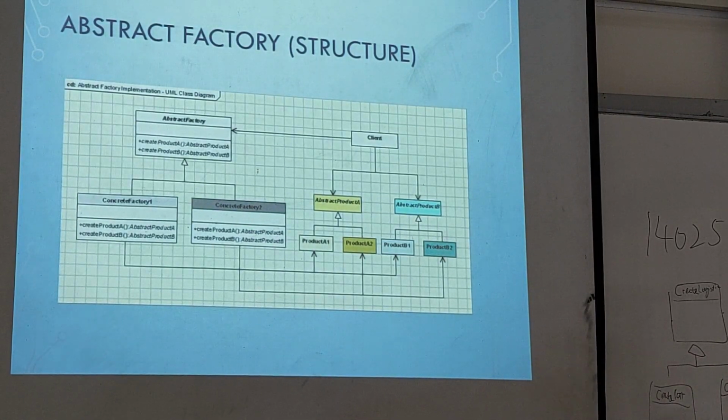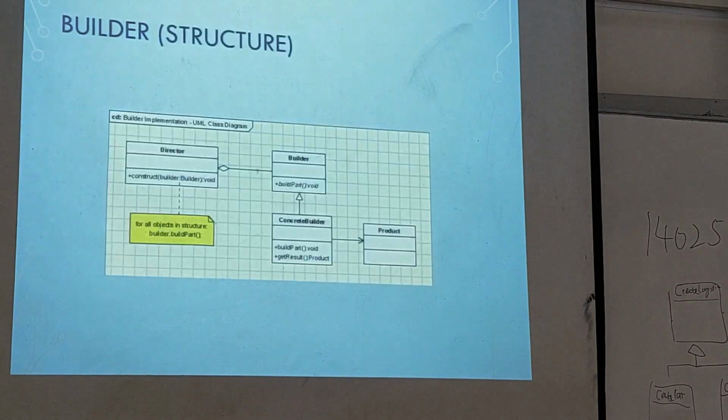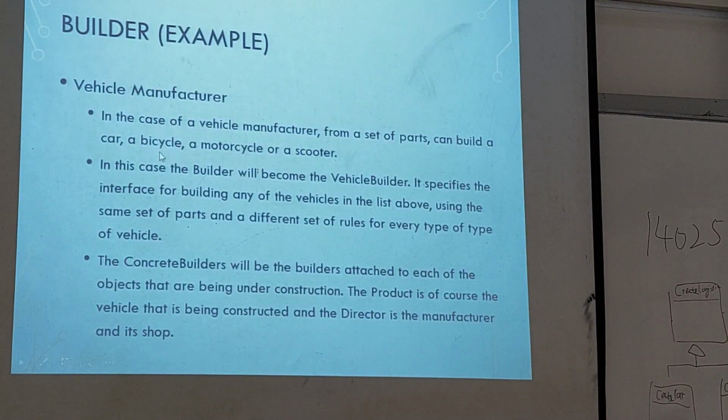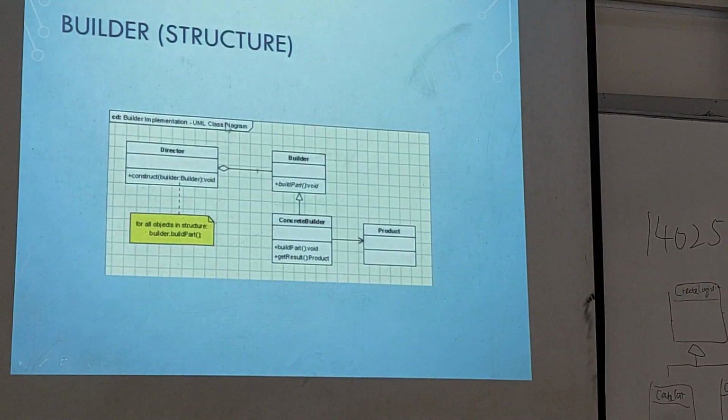We may consider builder. Builders. So builder, this is the explanation now. I already explained it. So you can see that this is a builder method. This is a builder. Look at the class diagram here.